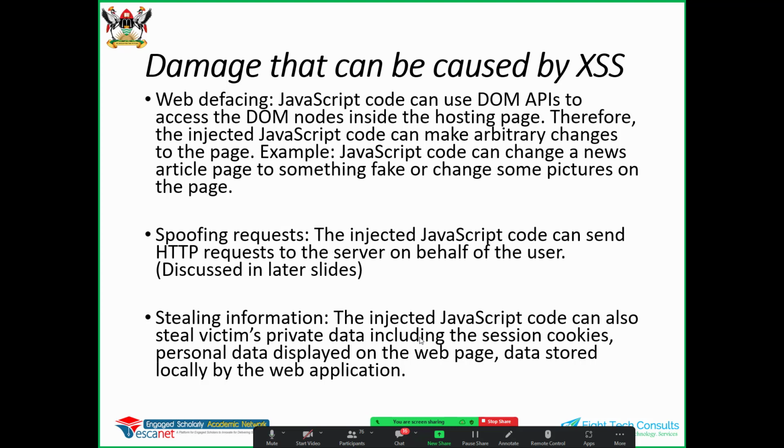So you'll have stolen information. You can steal so many things. When someone is browsing things that you're not supposed to see, you're able to see them using JavaScript that came through a cross-site attack. As long as someone is able to execute JavaScript on your website, just know he can do anything that your website can do. It is that dangerous.